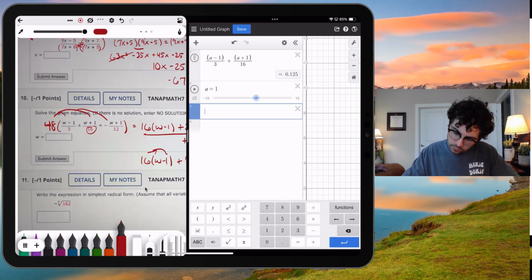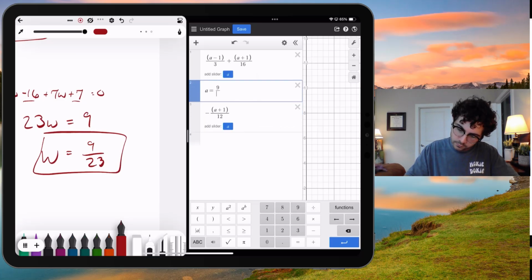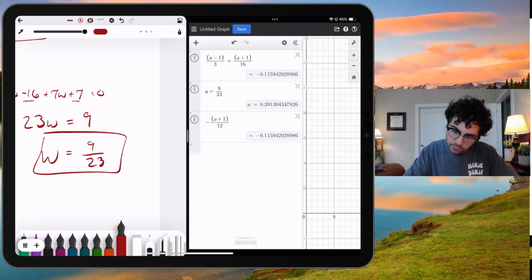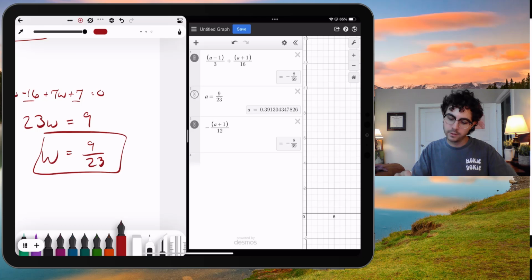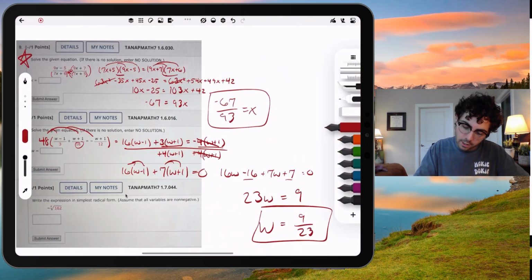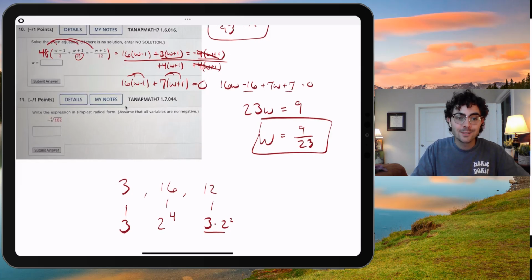And we'll do negative in parentheses w plus 1, so a plus 1 over 12. And our answer was 9 over 23. Let's test it out. Looks good to me. It's a crazy decimal, but they're both the same crazy decimal or crazy fraction of negative 8 over 69. So that does mean 9 over 23 is our solution. All right. That was number 10.